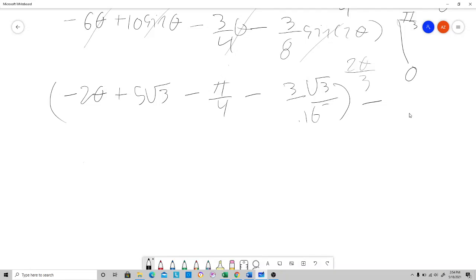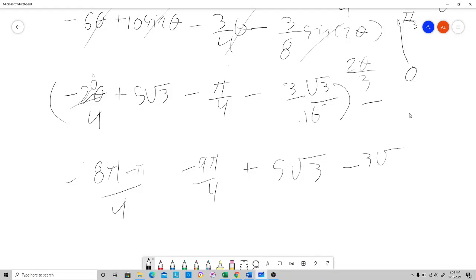If we combine like terms, it's going to be negative 8 pi, right? Yeah, because that was a pi minus 4, so that would be negative 9 pi over 4 plus this minus 3 square root of 3 over 16.